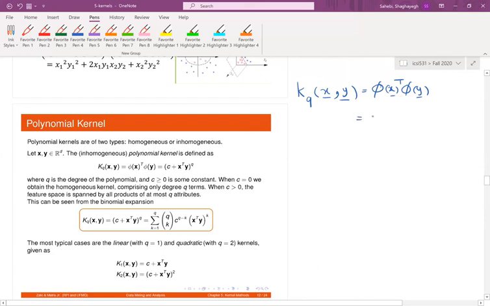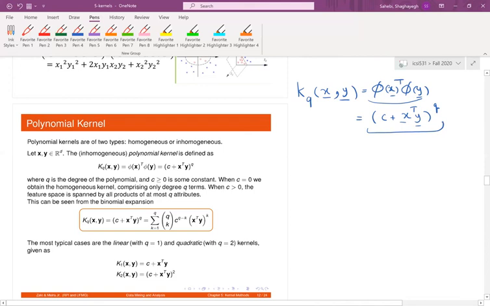The value is going to be (c plus x transpose y) to the q. So the value of their distance or dot product in the new feature space is going to be equal to this in the original input space.